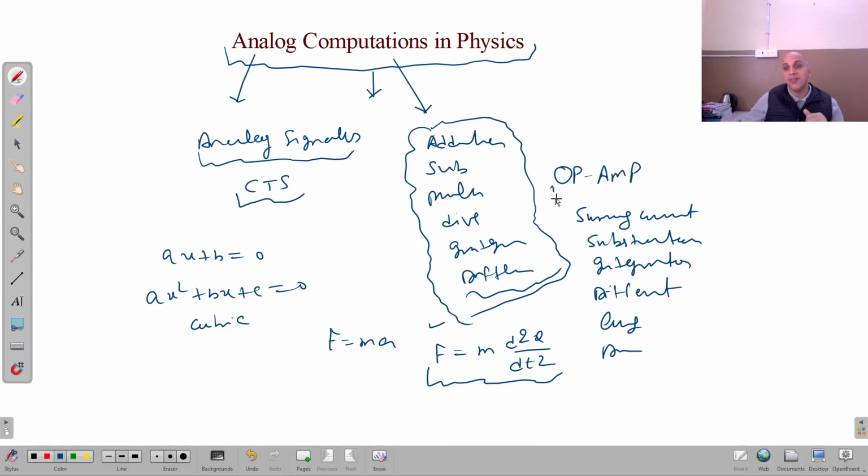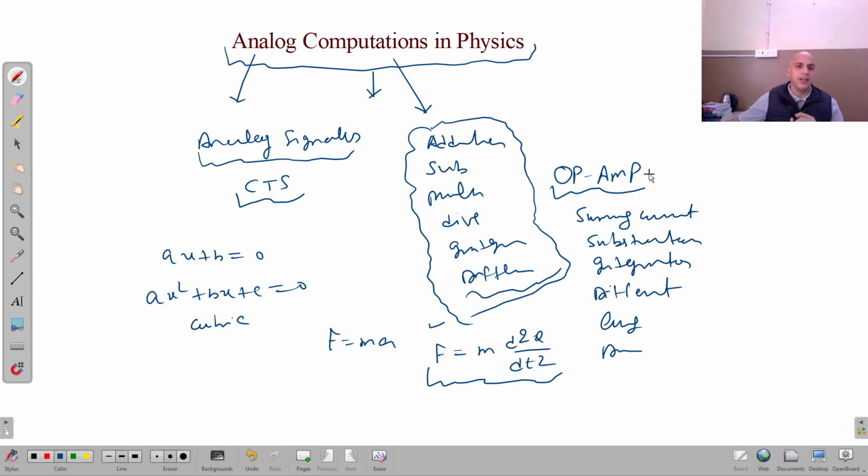So the operational amplifier is the heart of all computations, because it can be used for designing a summing circuit, scaling circuit, averaging circuit, subtractor, integrator, differentiator, logarithmic amplifier, anti-logarithmic amplifier, wave shape generator. Any kind of operation can be done by making use of an operational amplifier, right? So this is about the topic analog computations, right?